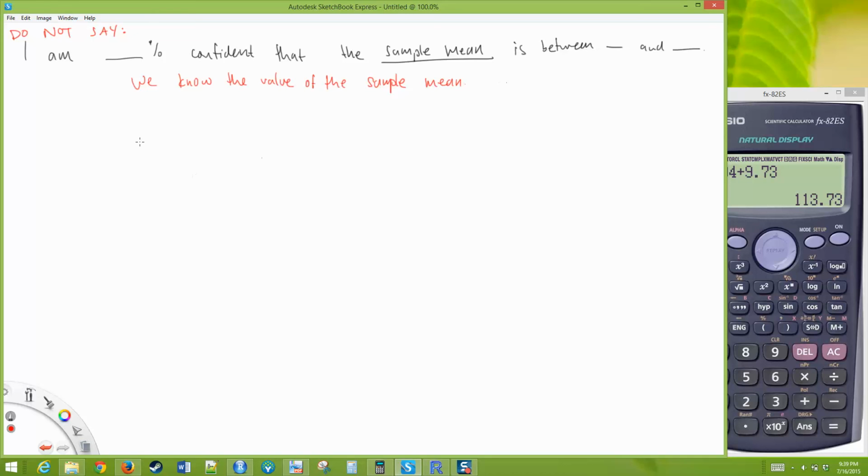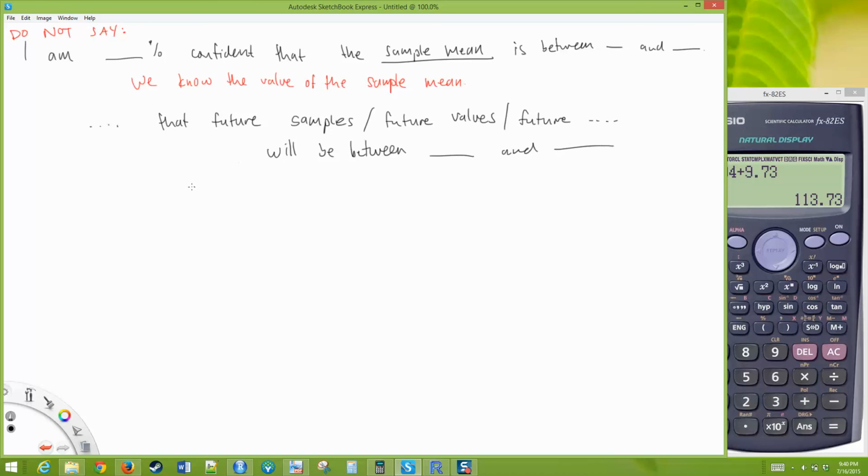Okay, don't say anything that future samples or future values or future whatever will be between blank and blank.